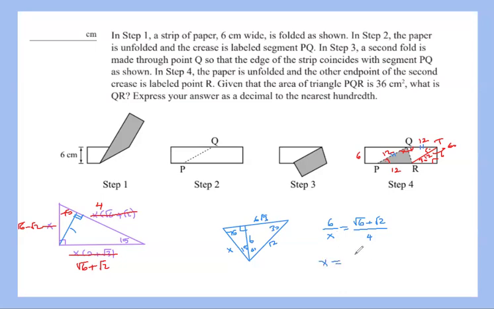That will give us 24 over root 6 plus root 2. And if I want to simplify this a bit, I multiply by root 6 minus root 2 over root 6 minus root 2. Then the denominator will be just 4, right? And then you get 24 times root 6 minus root 2 over 4, which will give us 6 times root 6 minus root 2.